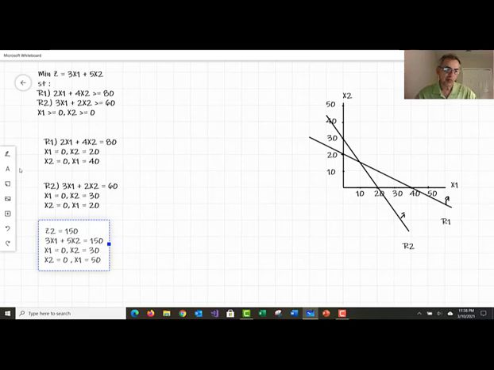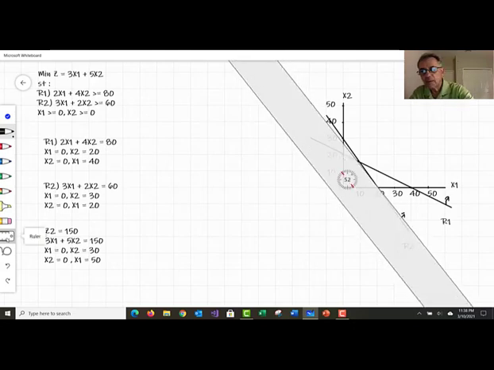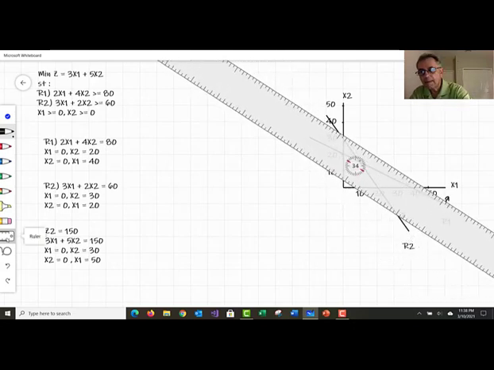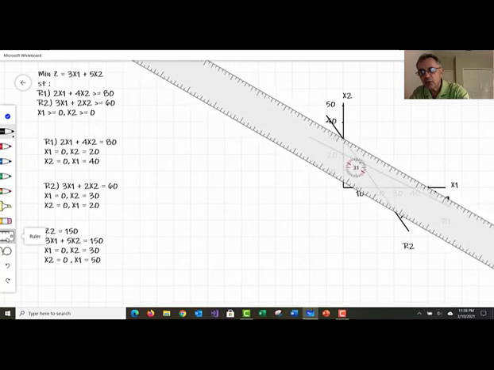We are going to identify these 2 points, x1 equal to 0, x2 equal to 30, and x2 equal to 0, x1 equal to 50, and connect the 2 points together again, as before. A line of objective would be something like that. I'm going to make that a red line to signify that is my objective function.